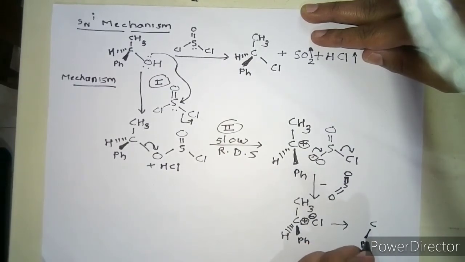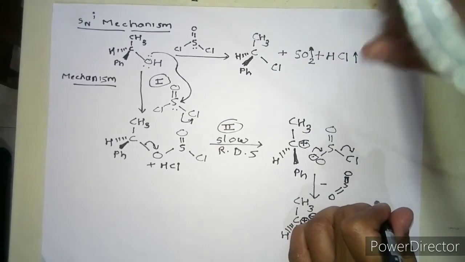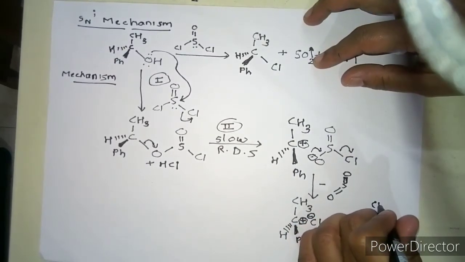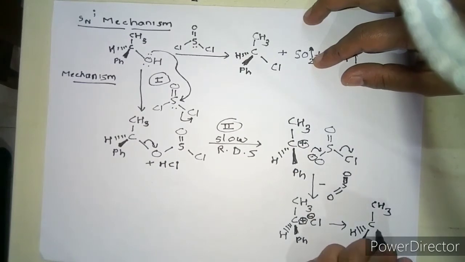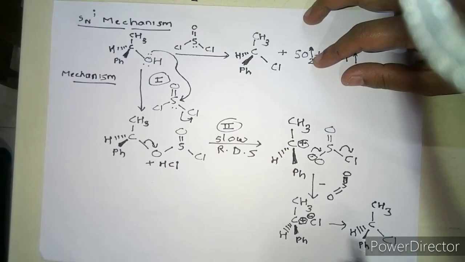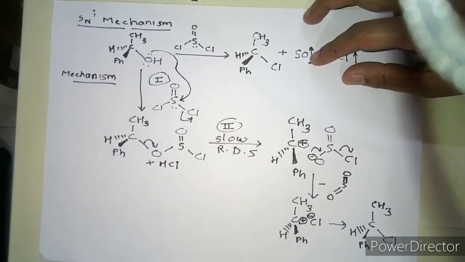H, hydrogen, CH3, and here Cl. Now you see the Cl and the position of OH. Retention of configuration has taken place.